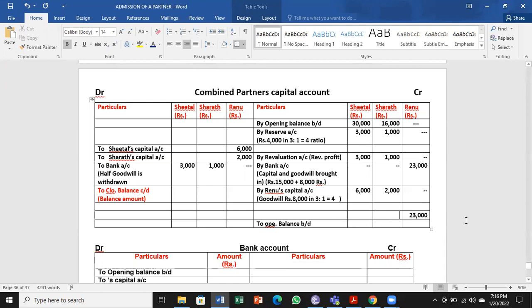On the credit side, it is looking more. Sheetal is 42,000. Good. So now balance one by one. The capital amount only is remaining for Renu because goodwill is given away.